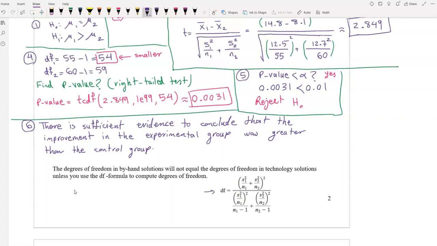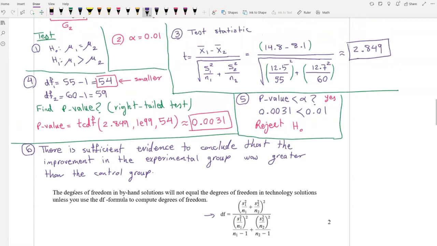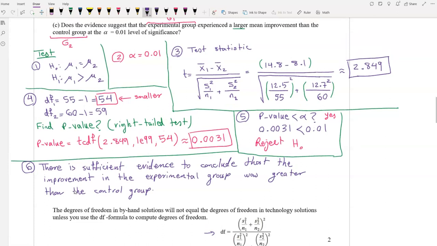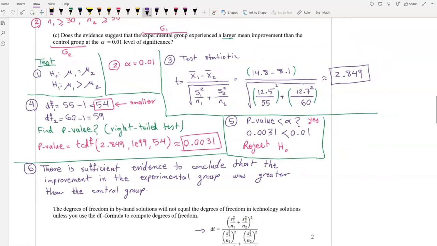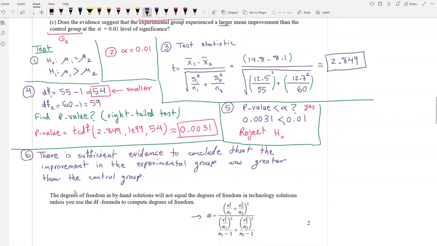If you're using TI-84, you're going to see that degree of freedom is different from what we have here. You can use that if you're working on online assignments to make sure that the answer is 100% correct. After running you may have slightly different answer.